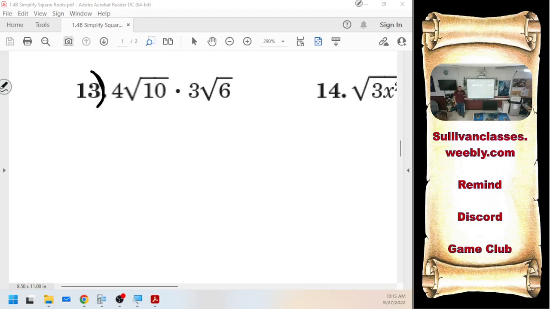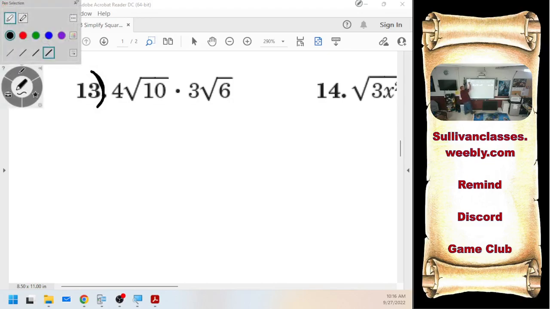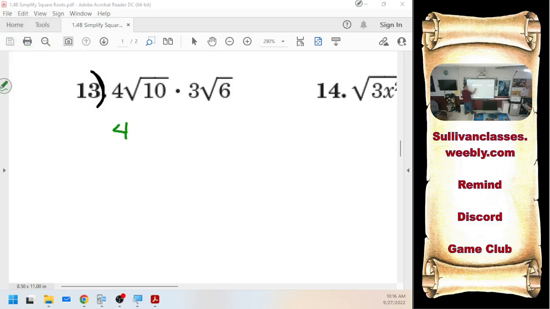Might be a little bit hard to see that. It's real simple. Whoever's outside of radical land goes together. The 4 and the 3 are both out of radical land. Whoever's in radical land goes together. Outside with outside, inside with inside.